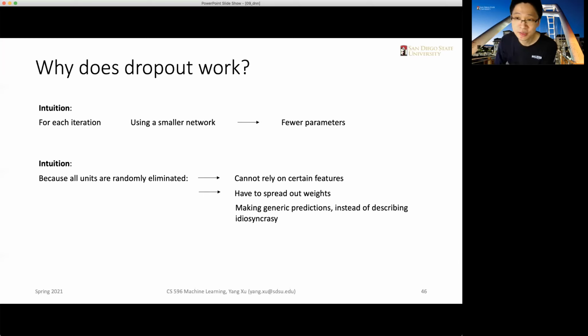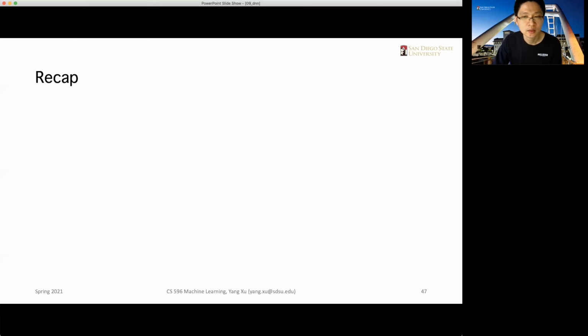But as we showed before in the slides, there's a trade-off. Because avoiding overfitting is our concern now, we don't expect the model to have the best training performance if we want to achieve better testing performance. All right, so let's recap a little bit of the content so far.